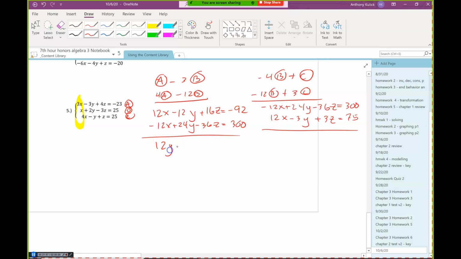Okay, so that's 12y minus 20z equals 208. And then 21y minus 33z is equal to 375. Loretta, are you okay so far, so good? Okay. So those are going to become my new system.